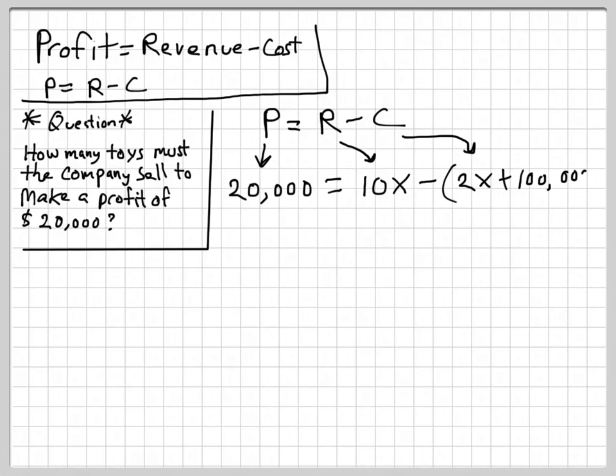And the profit, we have $20,000 that we want, and that's going to be equal to the revenue equation, which is $10 times x, or that's the $10 we're going to sell the toy for, times how many toys the company sells, and then minus the cost, and the cost once again is 2x plus 100,000.